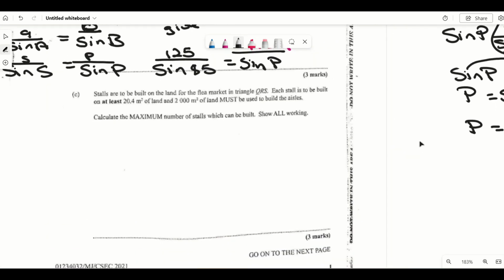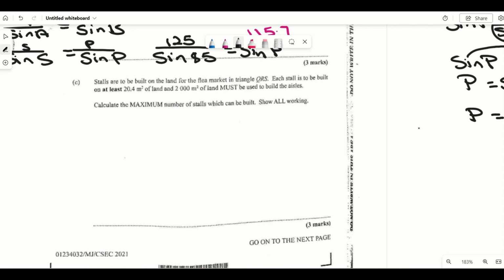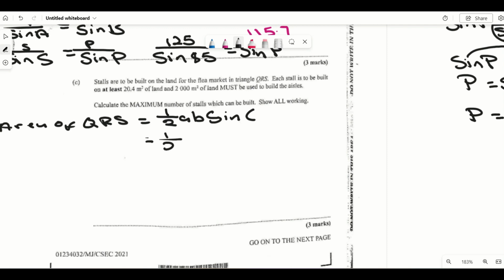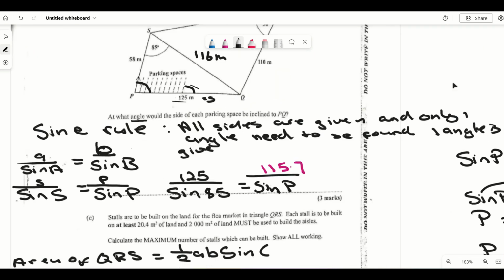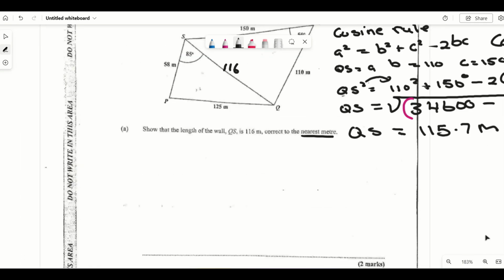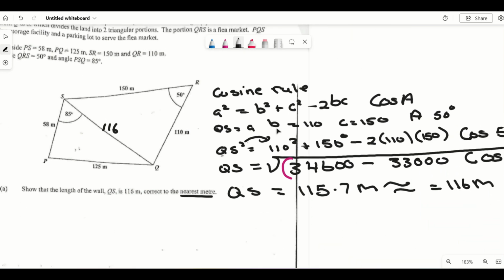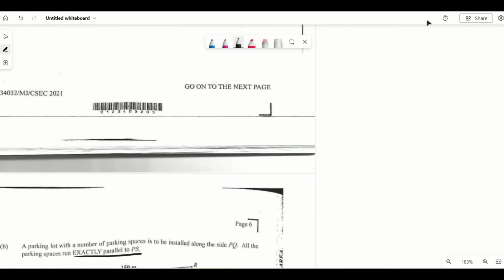Now, if it does not have a base or height, the formula that we can use, and this formula is given in your formula sheet, area of QRS would be a half ab sine capital C, which is equal to, if we remember from before, hold on, let's just use the same thing throughout.